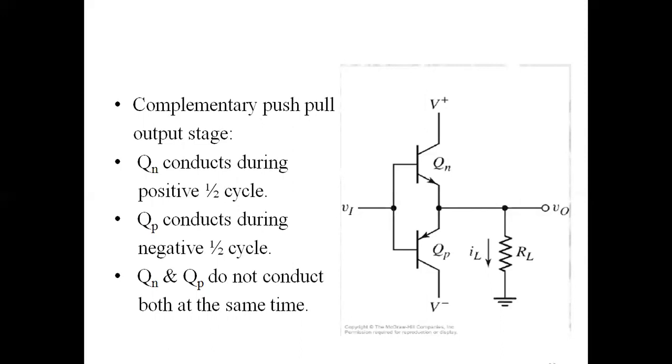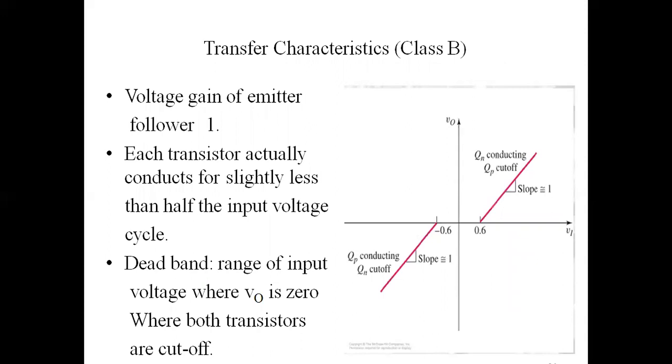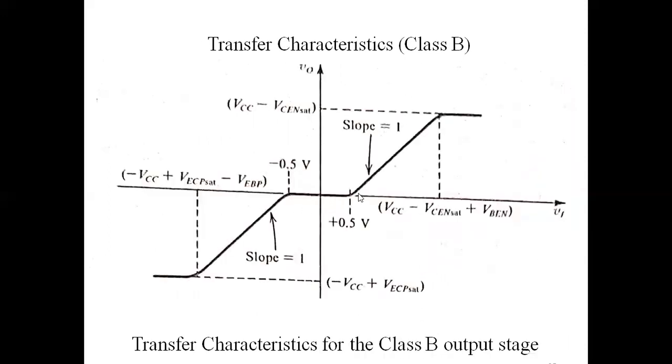Now we'll see the transfer characteristics of the class B output stage. The transfer characteristics of class B are shown in this figure. Note that there is a range of Vi centered around 0 where both transistors are cut off.